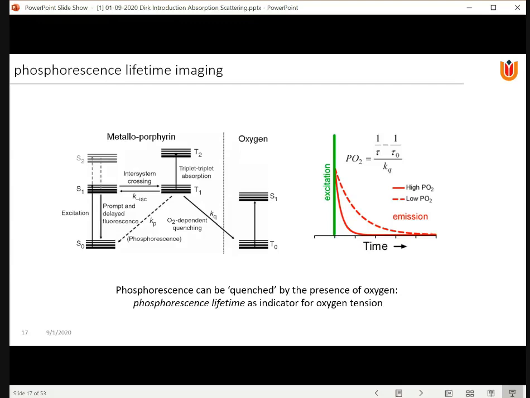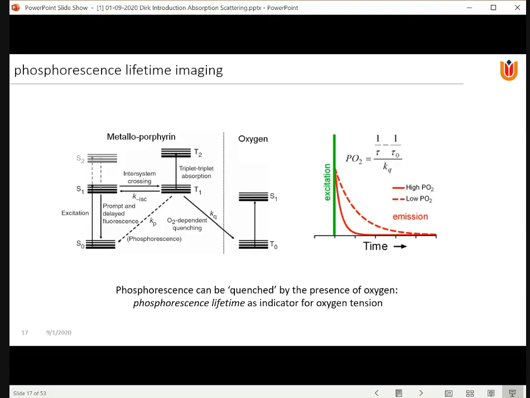But when you excite it, you can excite it to the first singlet state. So that is on the right-hand side of that graph. So if that energy is transferred from the metalloporphyrin to the oxygen molecule, then it is gone. Then it is no longer possible to emit a phosphorescent photon.